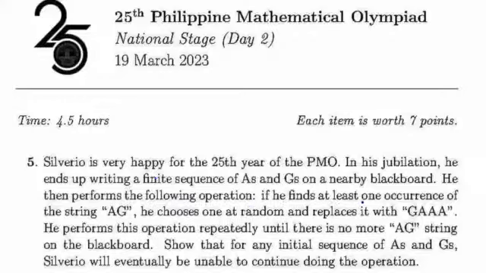If he finds at least one occurrence of the string AG, he chooses one at random and replaces it with GAAA. He performs this operation repeatedly until there is no more AG string. So he changes AG to GAA. That's our operation. Show that for any initial sequence of A's and G's, Sileria will eventually be unable to continue doing this operation.